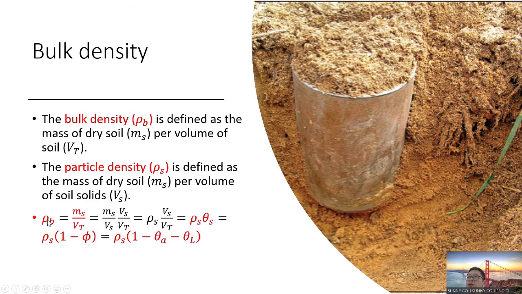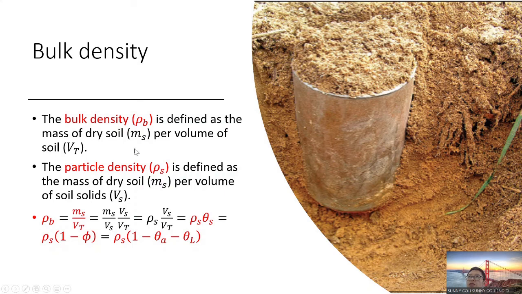Okay, so now we can write out the equation for bulk density. Bulk density equals Ms over Vt. We can break Ms over Vt into two parts: we add Vs at the top of Vt, and we add Vs at the bottom of Ms. So we have two different ratios here.